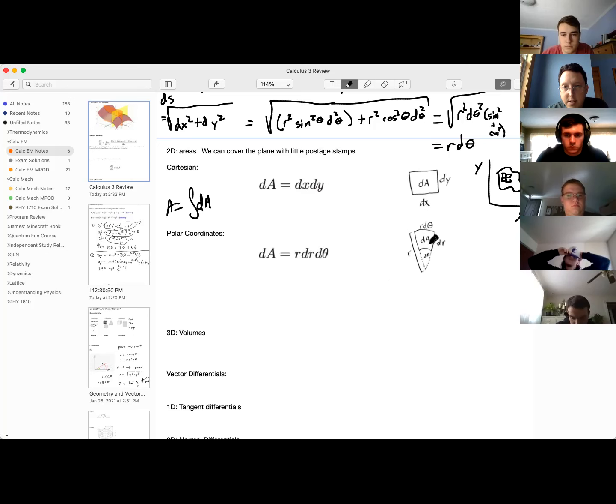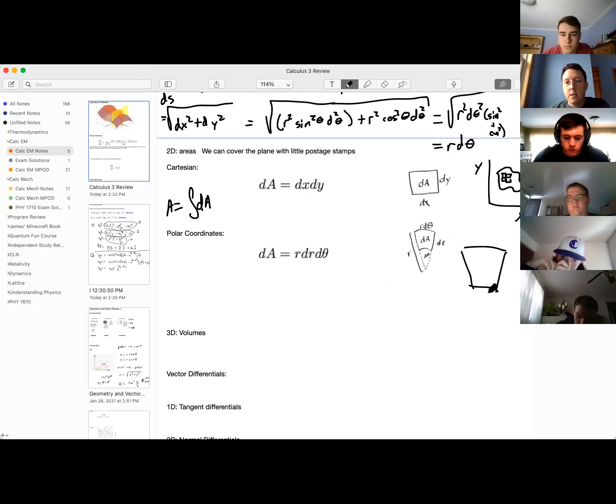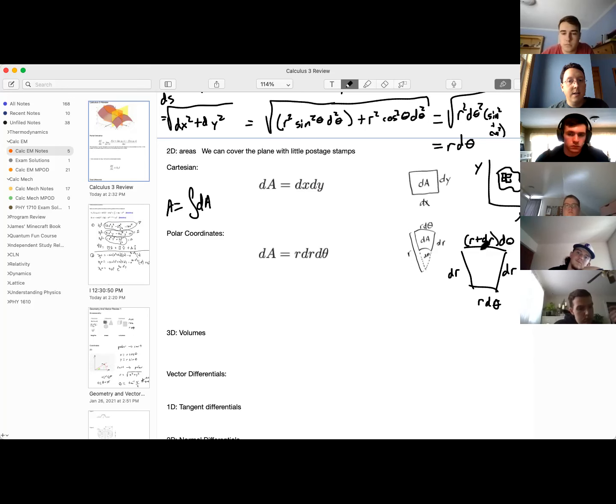And then the last one would be of length dr. So what you get is kind of like a trapezoid, well, in the limit, it looks like a trapezoid. On one side you have size r d theta. This would have size dr, this would be size dr, and this would be size r plus dr times d theta. That would be the length of this side of it.